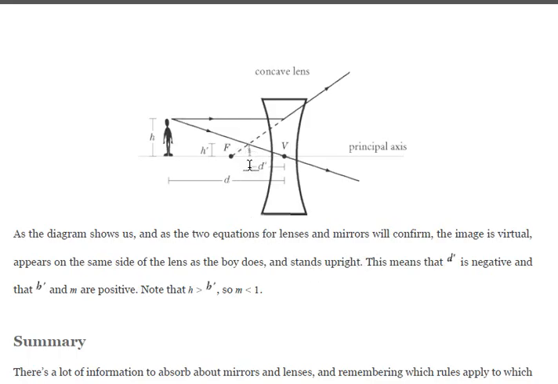You can see him kind of in there very, very faintly. So that means that our d prime image distance is negative, and h prime and magnification are both positive. Note that the object's actual height, or the boy's actual height, is bigger than his image height, so our magnification has to be less than 1. It made him a lot smaller than he actually is.